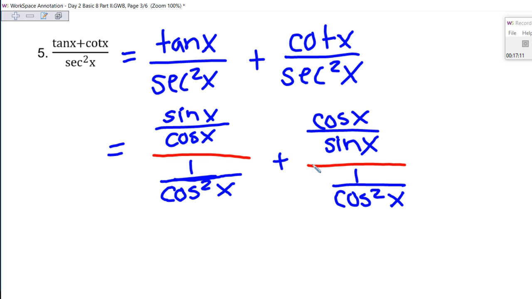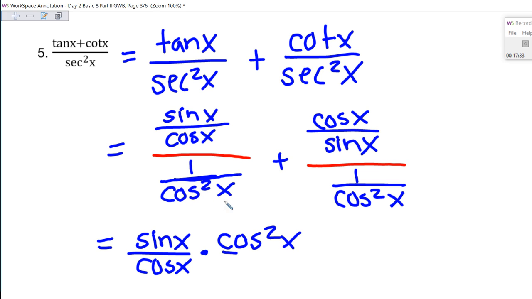Now we have complex fractions. We have a fraction over a fraction. So when you're dividing by a fraction, how do you divide by a fraction? Multiply by the reciprocal. So that means sine of x over cosine of x needs to be multiplied by the reciprocal, which would be cosine squared of x over 1.